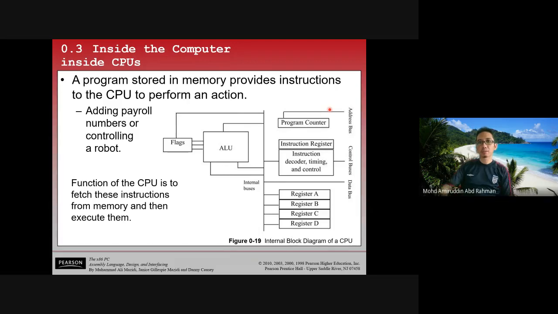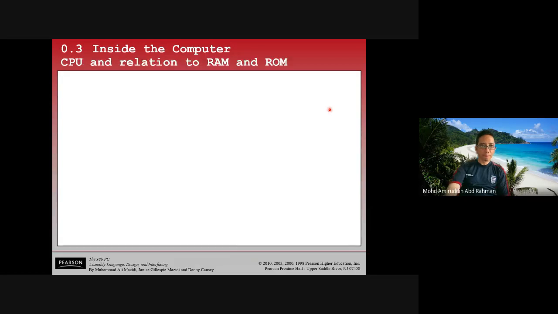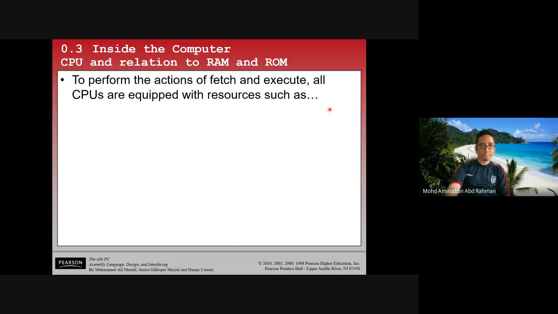Let's say the farmer produces the crops, and then the middleman takes the crops and distributes them to the other sellers, for example. That's the function of the CPU, to perform the action of fetch, which is to take the information and then execute.